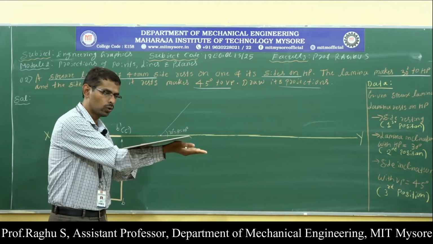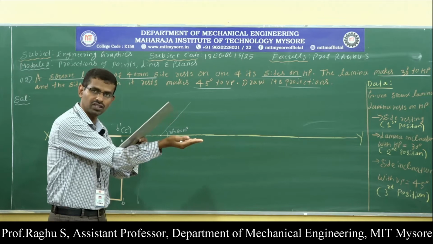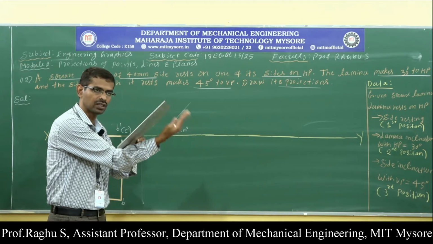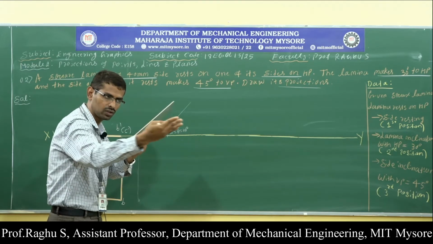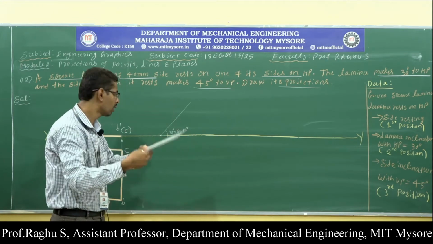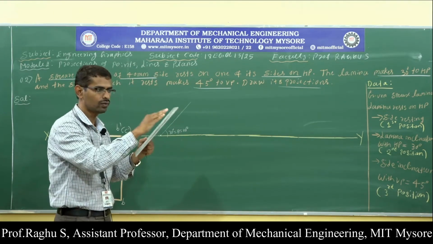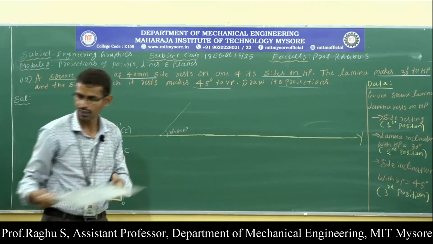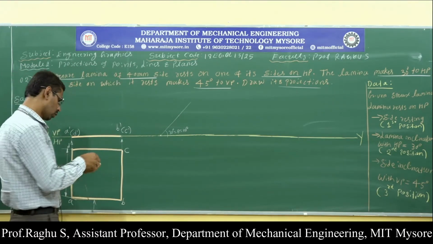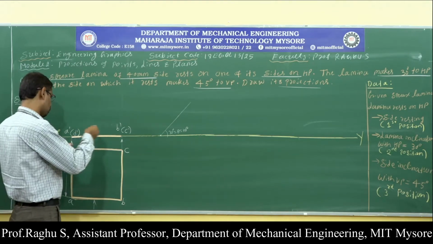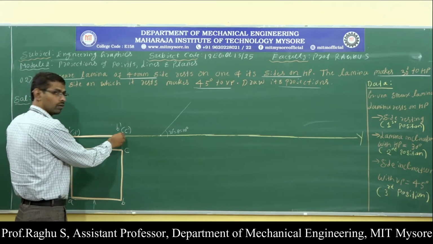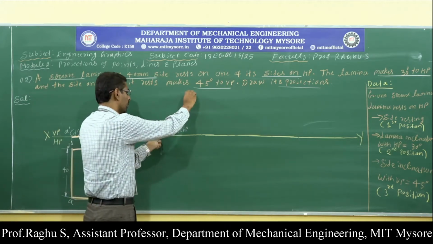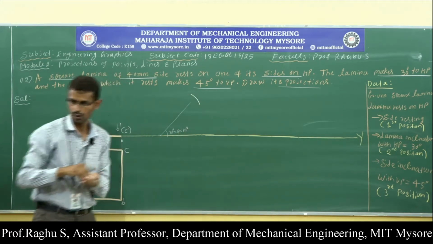When you rotate the lamina about the resting edge, the lamina makes 30 degrees with respect to HP. It is visible in the front view. Now I am drawing the front view. In the front view, I am going to see this line along with the inclination. Now measure this length. From this point, cut an arc.